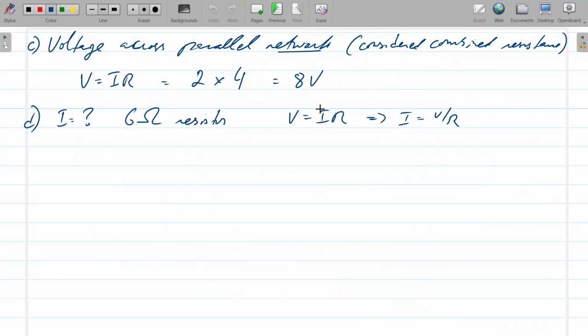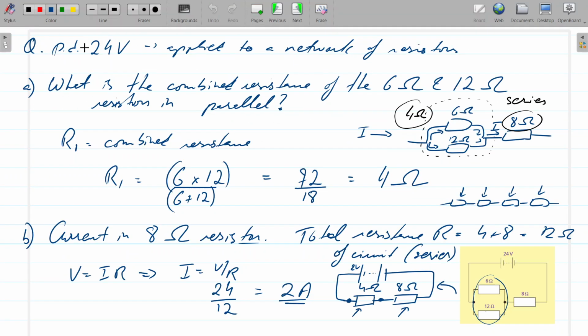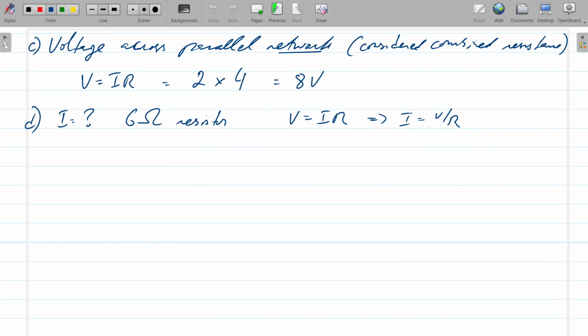And so for that, what voltage will we use? Will we use the 24 volts, which is for the entire circuit? No, they just asked you to calculate the voltage in the parallel network. And so we know that in a parallel network, the voltage does not split. If you've got something like this, the voltage is the same.